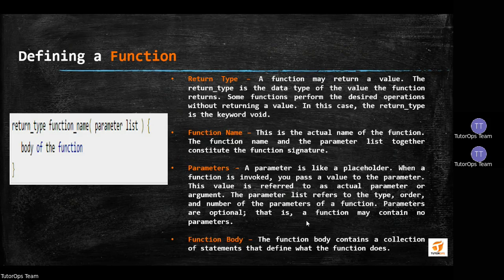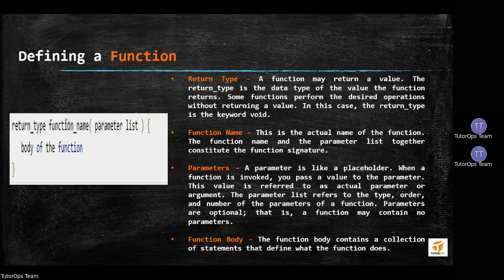Function name. This is the actual name of the function. The function name and the parameter list together constitute the function signature. So the first line, the return type, function name, including the parameter list, this first line, except the curly bracket, is the signature of that function.